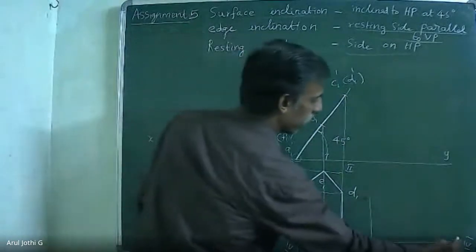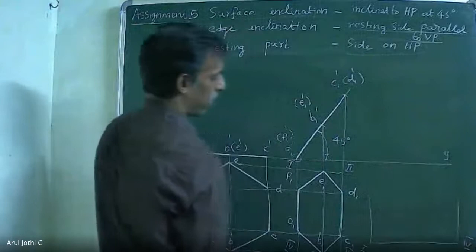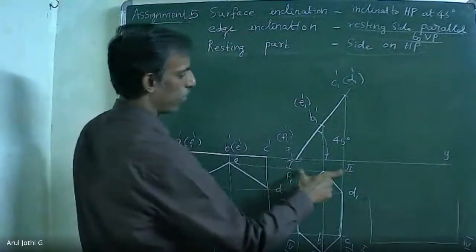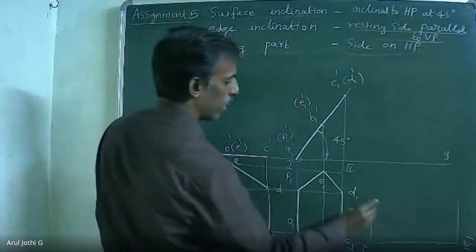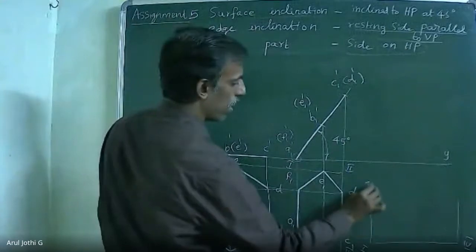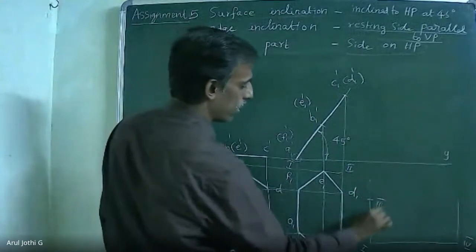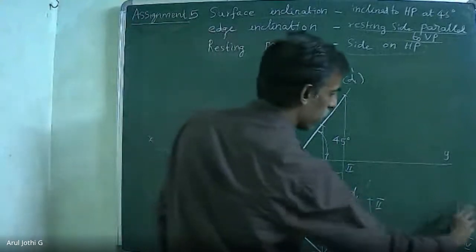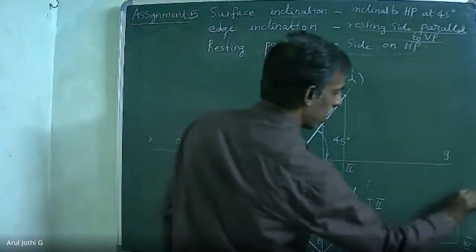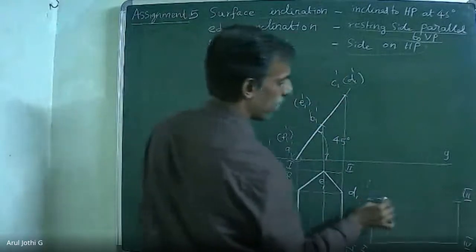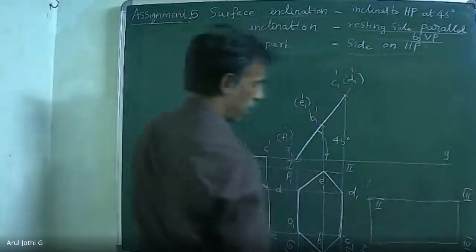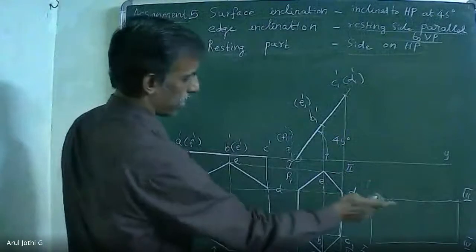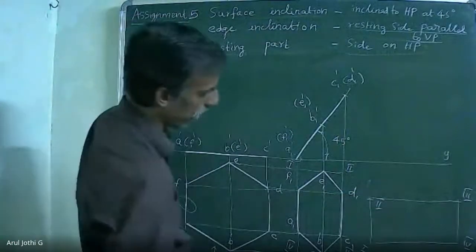Through this, draw the vertical perpendicular lines. Now transfer 1 and 2, 1 and 2 here. Similarly, transfer 4 and 3. Now transfer all the corner points in the rotated rectangle.